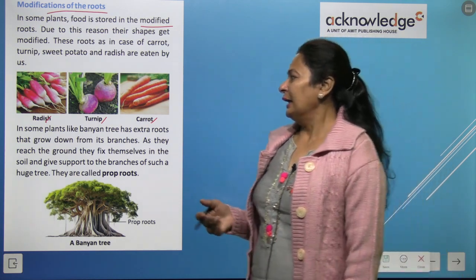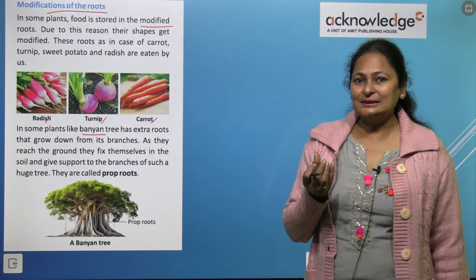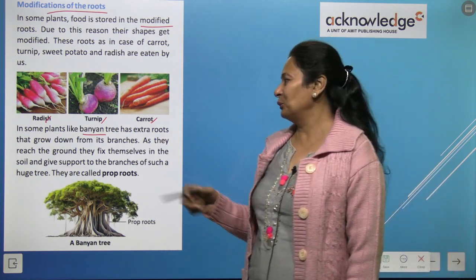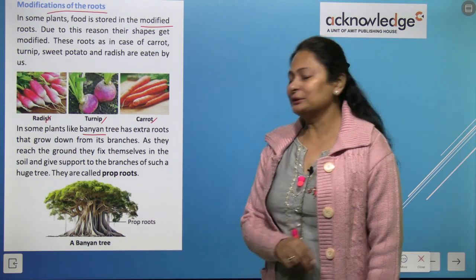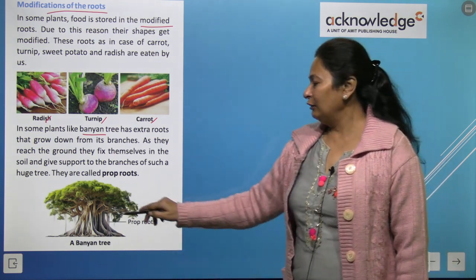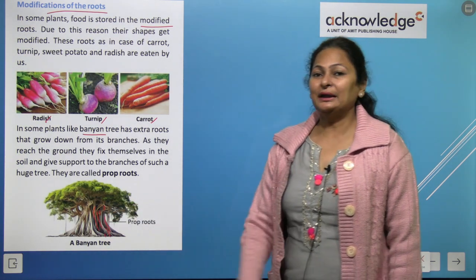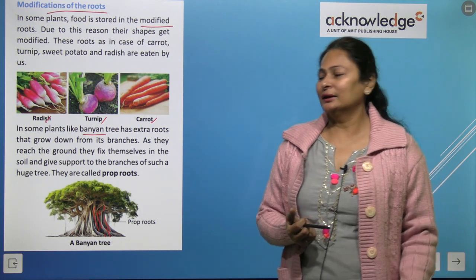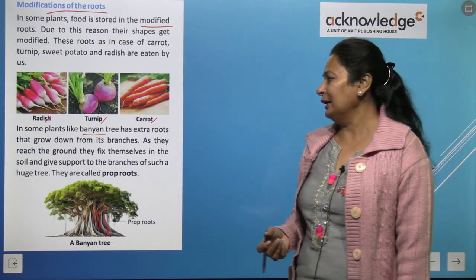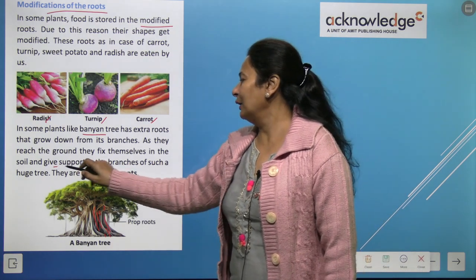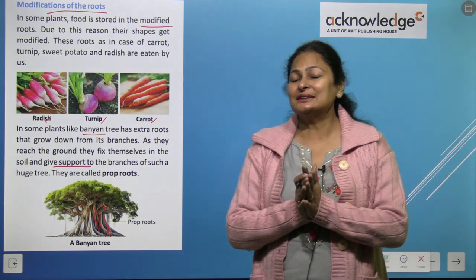So let's see. Some other plants like the banyan tree have extra roots that grow down from the branches. You can see in this picture. This is the picture of a banyan tree. You'll find some roots coming down towards the ground, and they fix themselves in the soil, and this supports the branches because the banyan tree is huge in size.